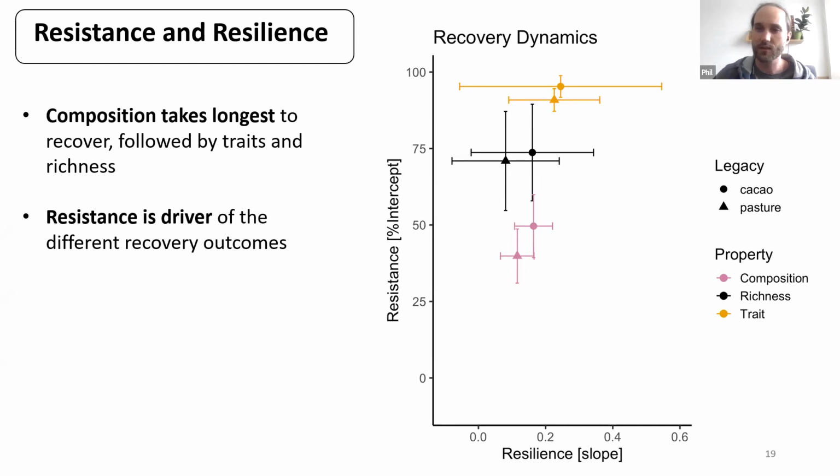While for the resilience, so the slope, we cannot really distinguish well between each of the properties. And as expected, composition took the longest to recover, while it's a bit more muddy water between traits and richness. It depends what kind of measurements we're looking at, which one is faster and which one is not, but they're definitely much faster than the composition.